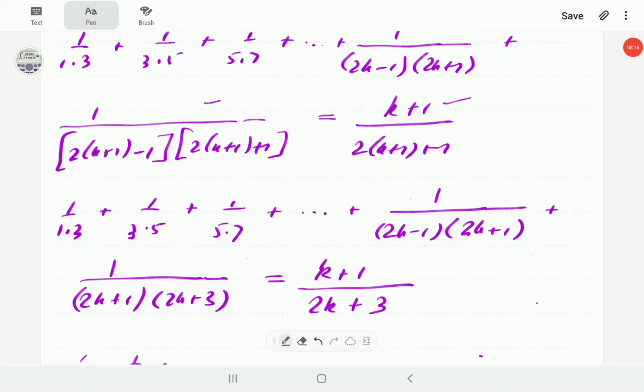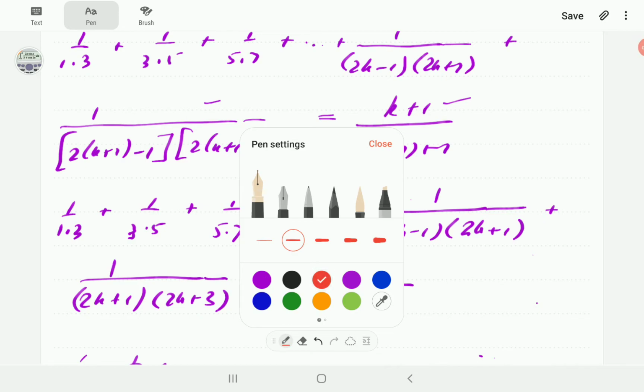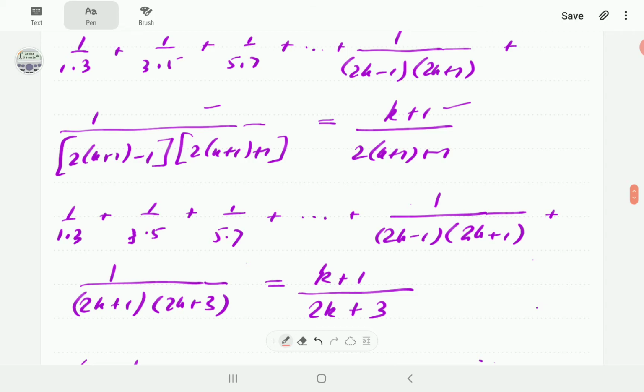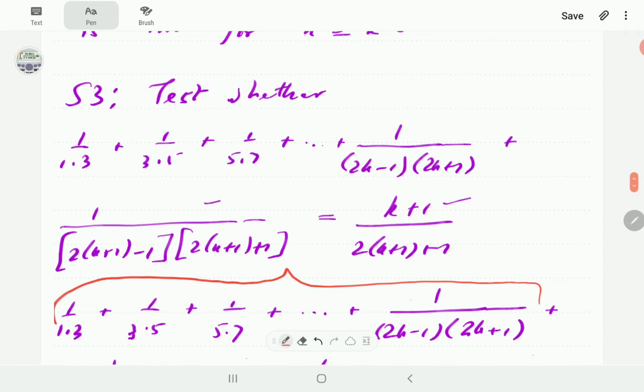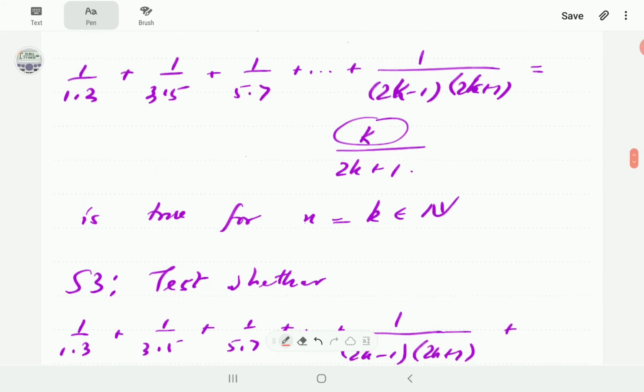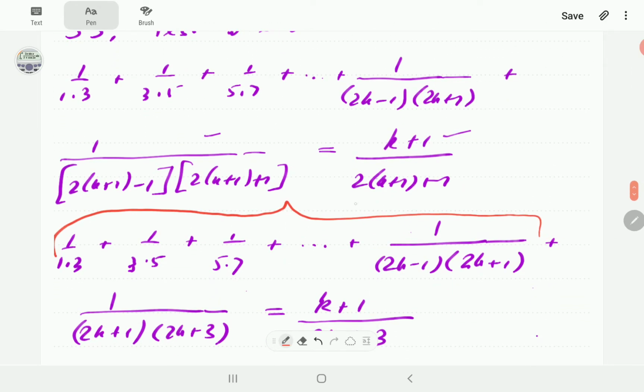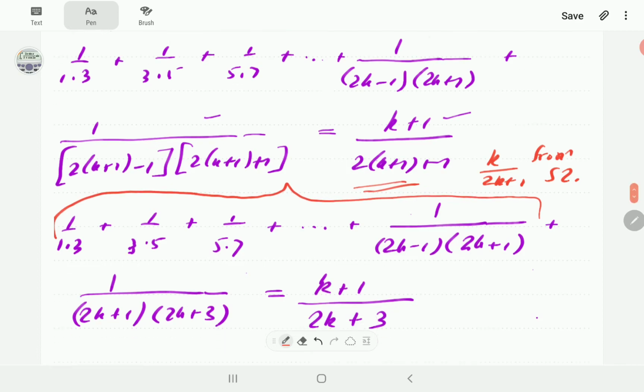Okay, so again from step 2, we know the sum of the terms up to here. So these terms here are the ones we have in step 2, and these are equal to k over 2k plus 1 from step 2.